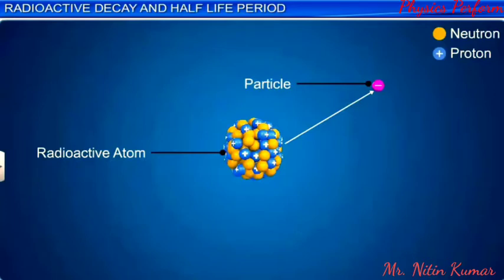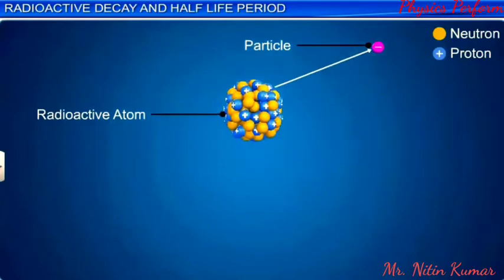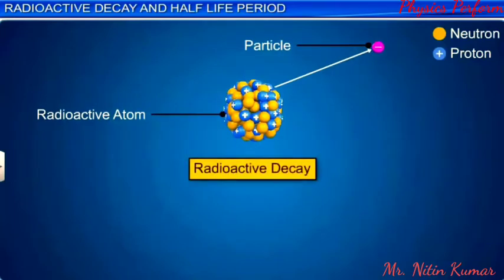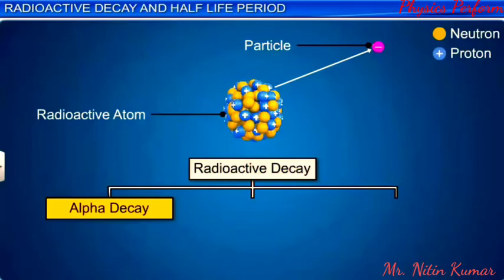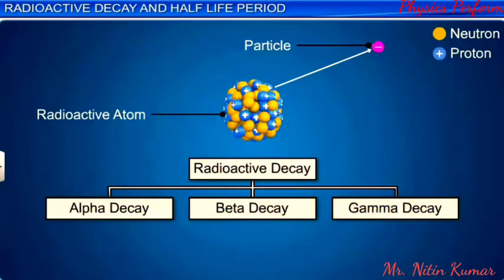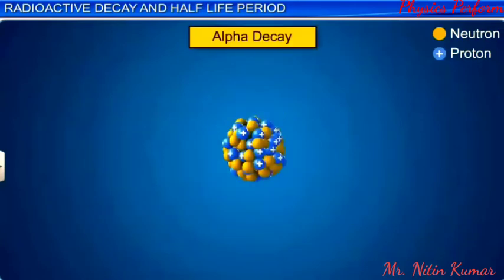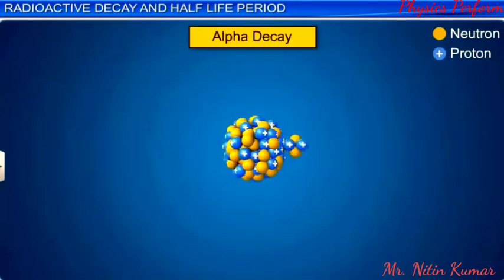In nature, a radioactive nucleus can decay by three modes, namely the alpha decay, the beta decay, and the gamma decay. In alpha decay, a radioactive nucleus emits a helium nucleus which is referred to as an alpha particle.